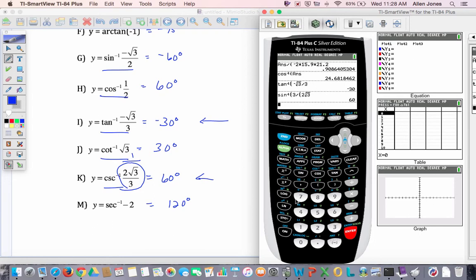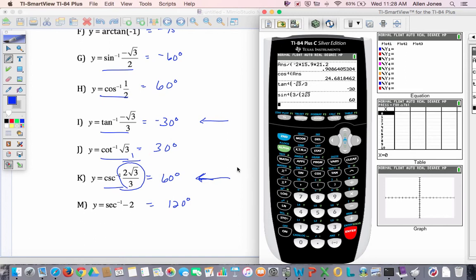And that will give me my positive 60 degrees. So again, the calculator version also works with this. The directions on some of these are going to say don't use the calculator, but honestly, it's not going to make a hill of beans difference. So it might be something that you use.